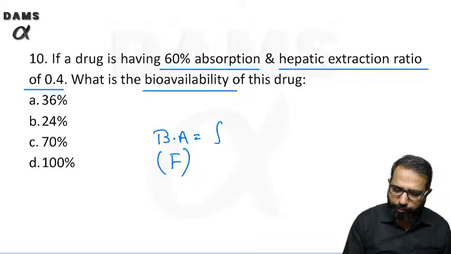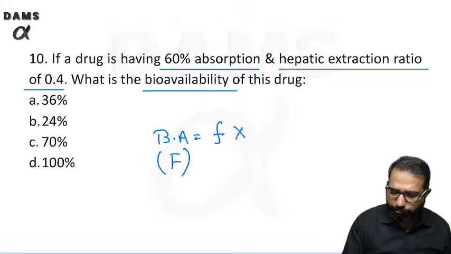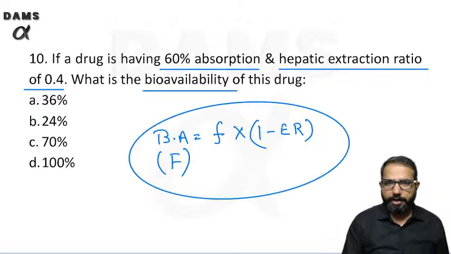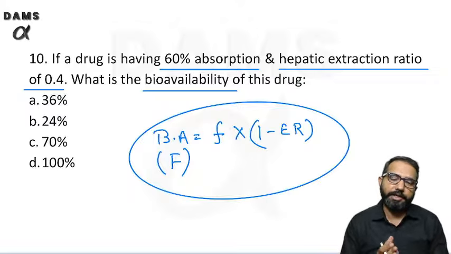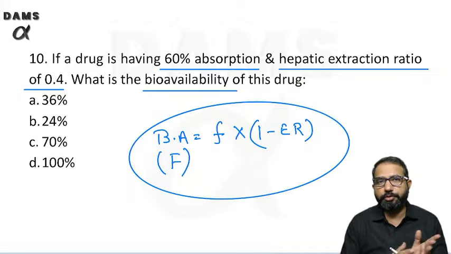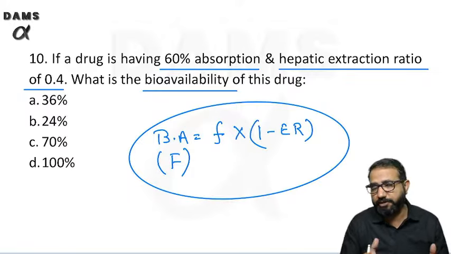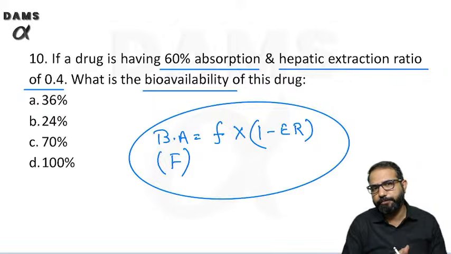This is a fraction. It depends on two factors, absorption and first pass metabolism. So the absorption fraction is suppose small f and 1 minus ER. That is the formula. The small f is the fraction of absorption, and this ER is extraction ratio, meaning first pass metabolism. That's why I told you 1 minus ER means inversely proportional to extraction. More extraction, less bioavailability.